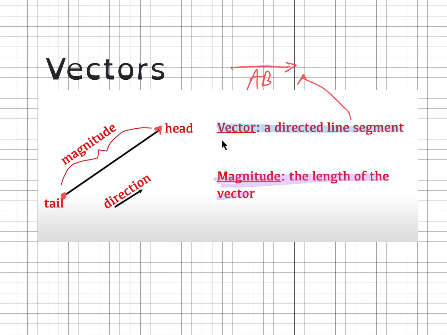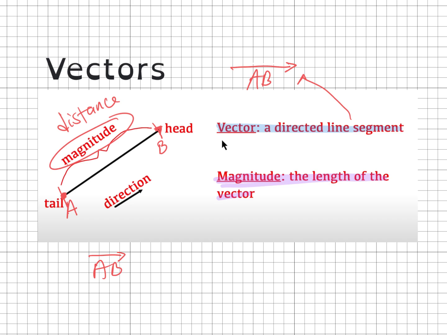Now, let's say the tail starts from A and the head ends at B, then that's going to be called a vector AB. We write vector AB as A and B, and then an arrow like that. The word magnitude is just telling you what is the distance from A to B. In our lower mathematics, we call it distance, but in this lesson, we call it magnitude.